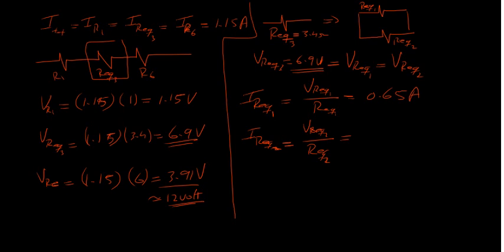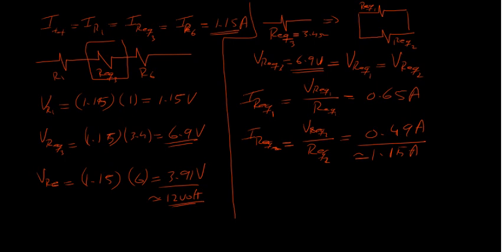For this one, let's calculate. Yeah, it's going to be 0.49 ampere. Okay, so if you add them up, they should give you back about 1.115 ampere, which is the original current we know they will share.